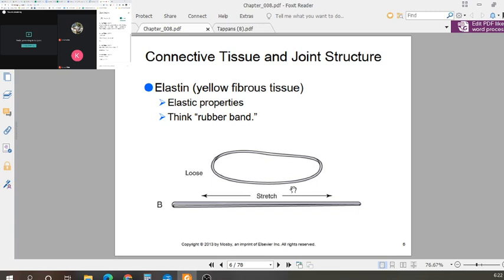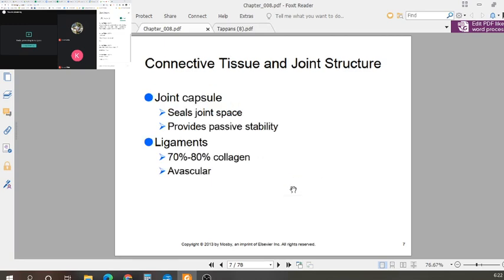So white tissue is going to be more stable, and the yellow elastin more mobile but less stable, more rubbery. The joint capsule is dense. It attaches to the bone. It's kind of a sleeve around the joint to give it its space. You can't move outside of the capsule.